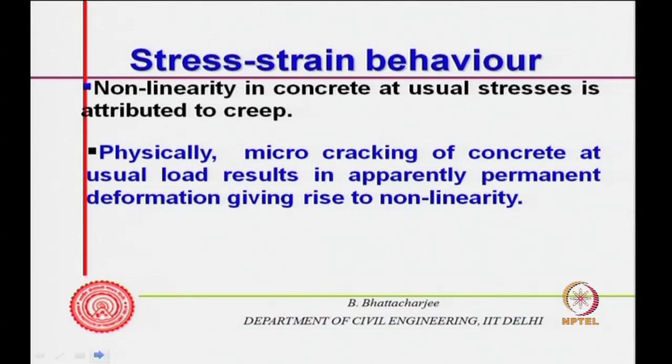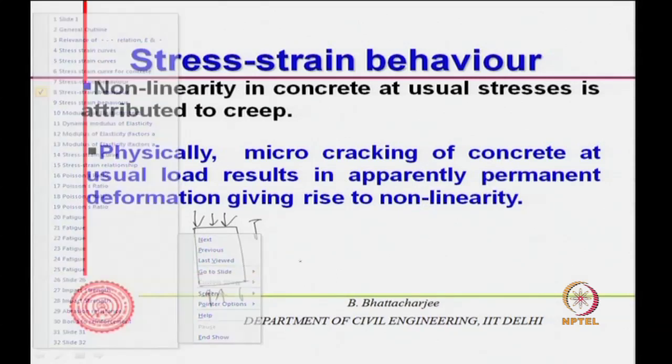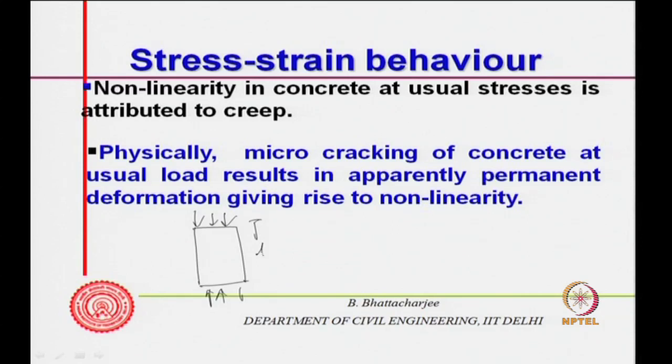That means, for example, if I have a compressive specimen with applied load like this, and L by D is sufficiently large, let us say L by D is equal to 2 or something of that kind, then whenever I apply load, remember that we said micro cracks will develop because of the tension along this direction. You recall we discussed there will be tension along this direction, and therefore micro cracks will develop.